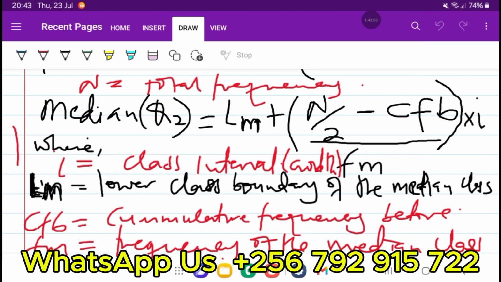Now, if we are looking for the Q3, still we use the same formula. And what changes is only this part here. N over 2 becomes, if we are looking for Q3, 3 over 4 times n.